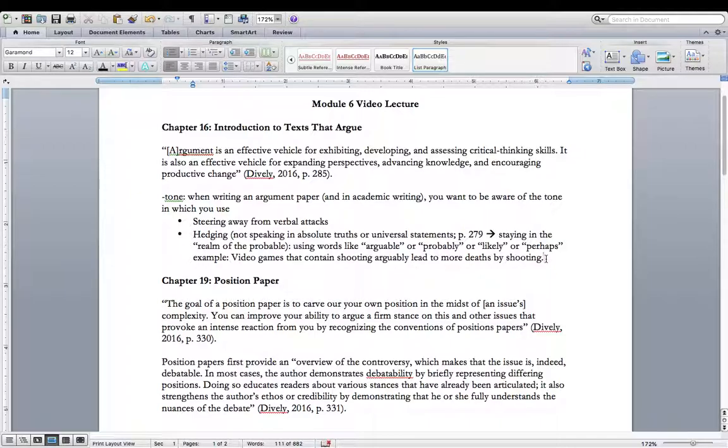Just by entering that one word, I've steered clear of anyone freaking out, of any of my readers who might oppose this argument or have something to say about it. Just by using the rhetorical choice of hedging and going back into the realm of the probable, I have now stepped out of making an absolute truth or a universal statement, and I've now said, arguably this could lead to more deaths by shooting.